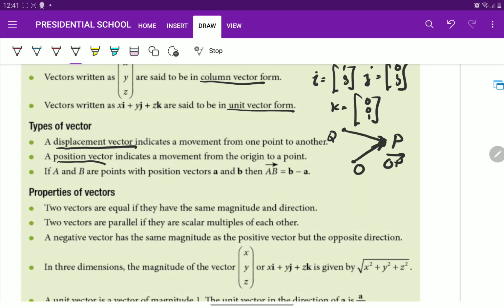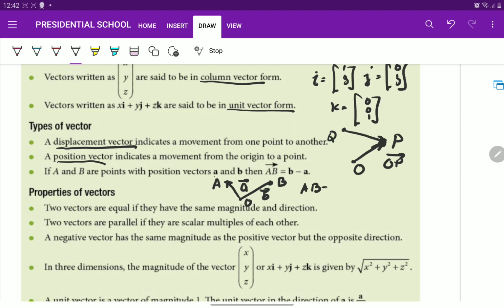If A and B are 2 points, so basically if A is a point, then this is the origin. This one is the position vector of A. Similarly, you have the B. Let's say that is the point B, and this is the position vector OB, of B. Then what did we say?